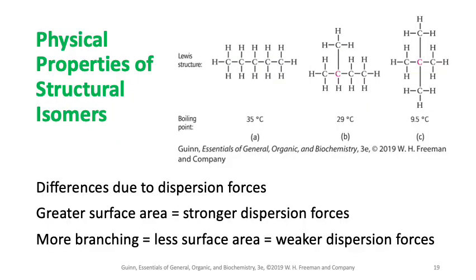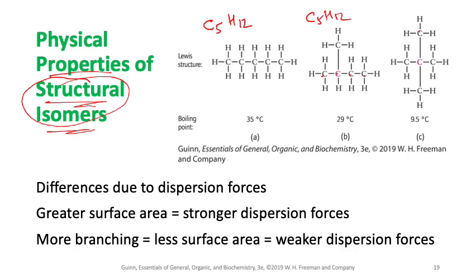Now let's talk about the physical property of the structural isomer. The time I see a structural isomer, we know they have a different structure, right? So let's take an example. You have 5 carbon, molecular formula is C5H12. How many carbon there? 1, 2, 3, 4, 5. C5H12. How many in there? 1, 2, 3, 4. 1, 2, 3, 4, 5.